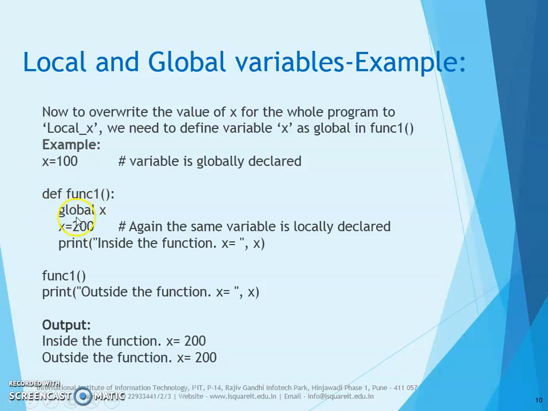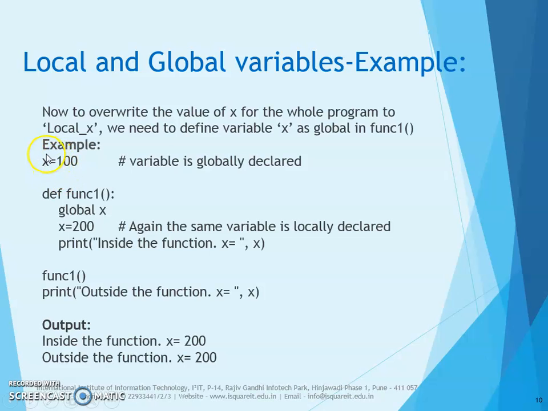Inside the function definition, what we are doing? We are declaring this variable x as a global variable, and then we are assigning x is equal to 200. So global x means we are saying that the same variable that is globally declared or assigned, we are using it inside this function. So this 200 value will be overwritten over here in the 100 as a variable of x.